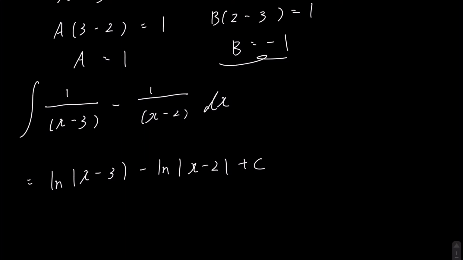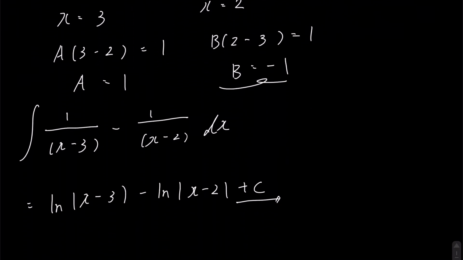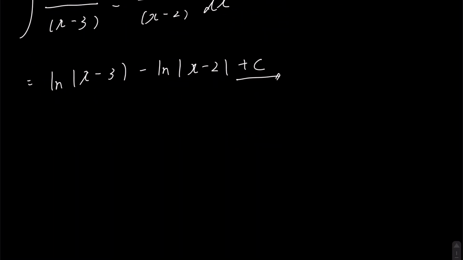Don't forget the plus c, because since this is an indefinite integral, you always put plus c. Okay, let's do another example. So the next question is the integral of 1 over x times x plus 1, x plus 2. We cannot use substitution, right, from the previous example.